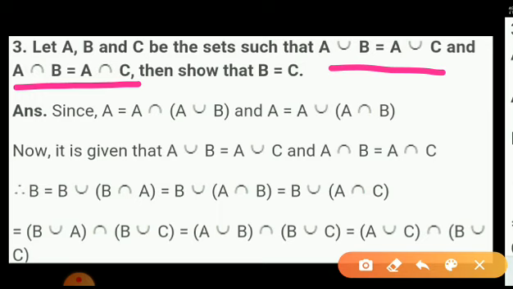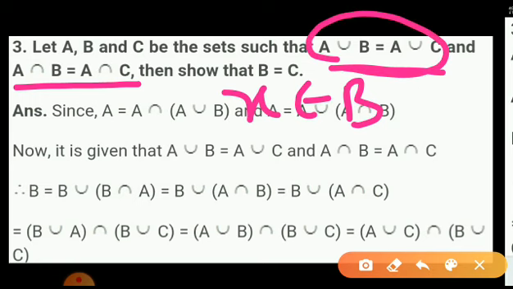Otherwise I have to start with an element in B and show its existence in C, so you get B subset of C. Then I have to start with an element from C and show its existence in B. In that case it will be C subset of B. Then combining, you get B and C are equal. But instead of that, if you make use of the given things, it will be easier.